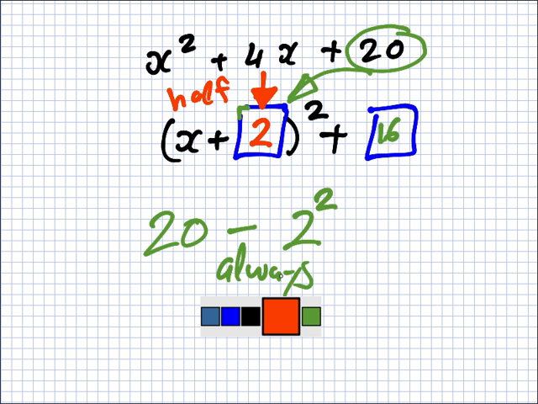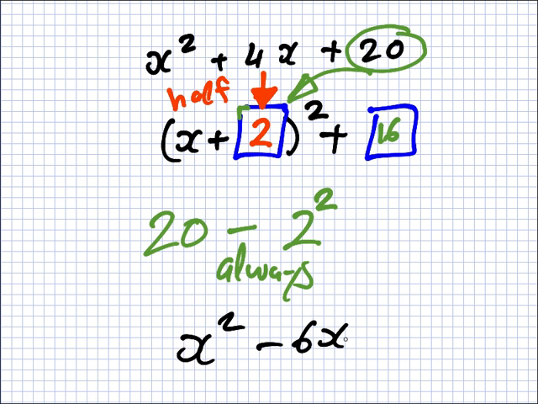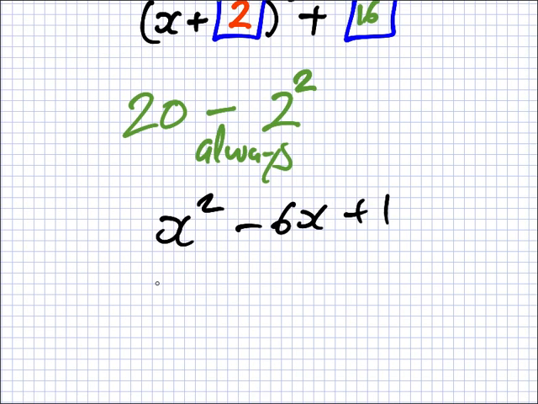Okay, we'll just do another one just to make sure we're crystal clear. x squared minus 6x plus 1. Well, the first part we all have. What's it going to be? Minus 3.